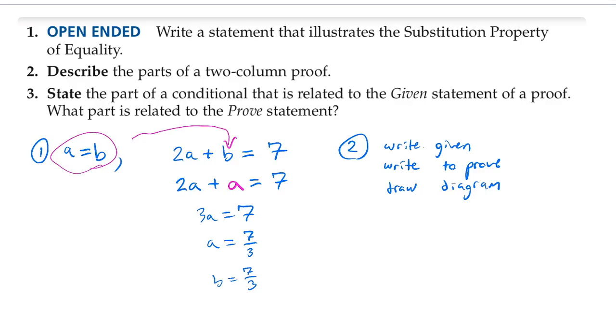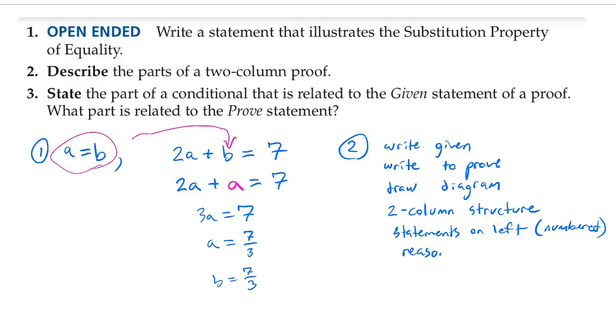Okay, then we set up the 2-column structure or drawing or table, whatever you want to call it. And then there are the statements on the left. And I'd even say they're numbered. And then we have the same thing, but reasons on the right, and those are also numbered, okay?